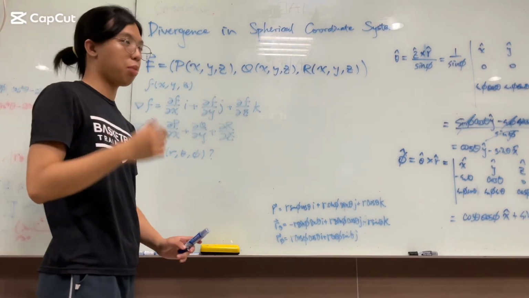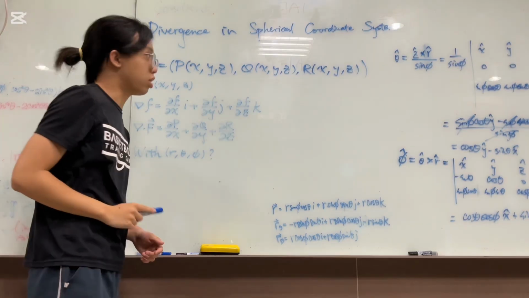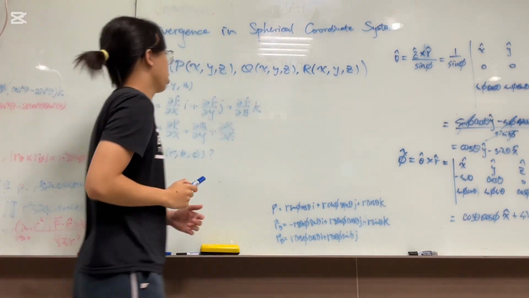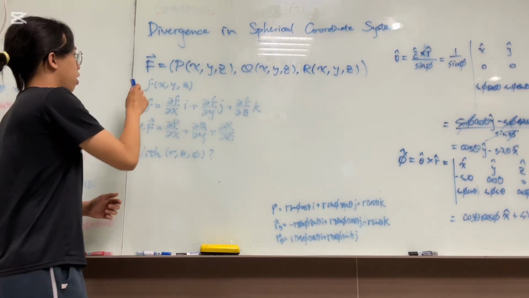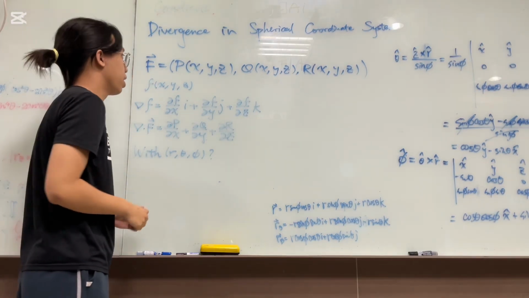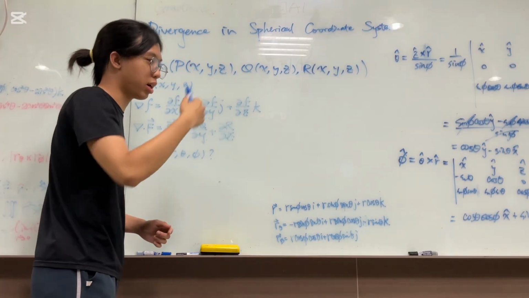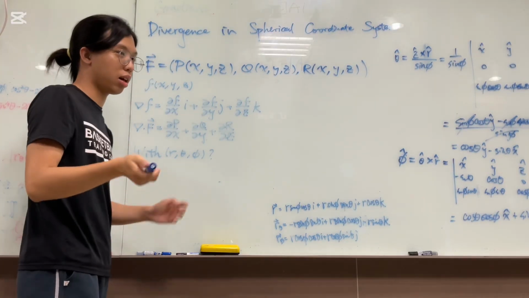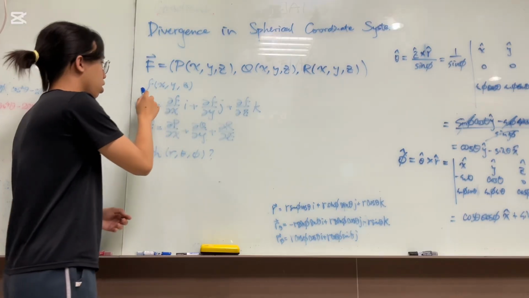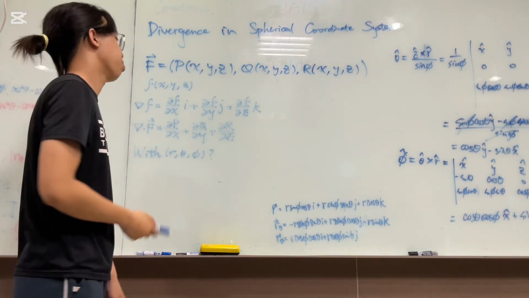Okay, everyone. The topic today we're going to talk about is the gradient and the divergence in spherical coordinate system. So we define a vector field F, and three components are P, Q, R, in a Cartesian coordinate system with x, y, z components. And we define another scalar function called little f, also with x, y, z components.